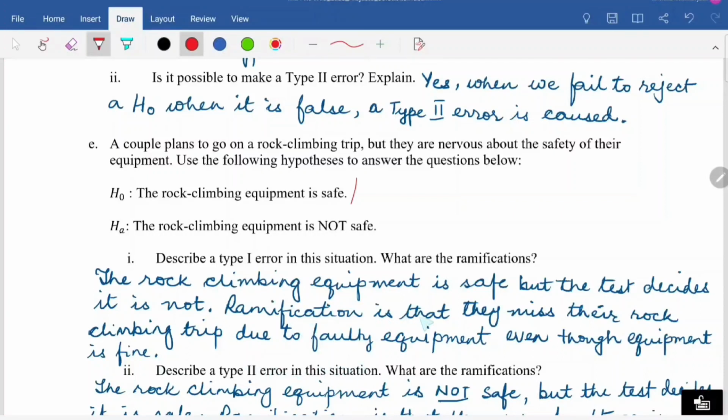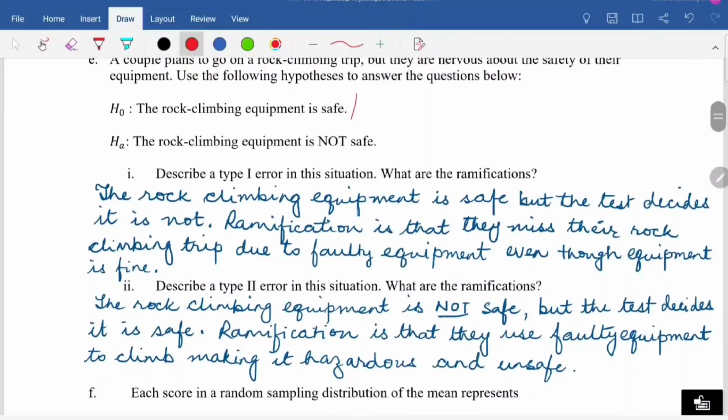The ramification is that they missed their rock climbing trip due to supposedly faulty equipment, even though the equipment is fine. They don't use that particular equipment even though it is safe. Perhaps they couldn't go to the rock climbing event, or they purchased another set which they thought was safe, and so on. You can just make up the ramification in this context.